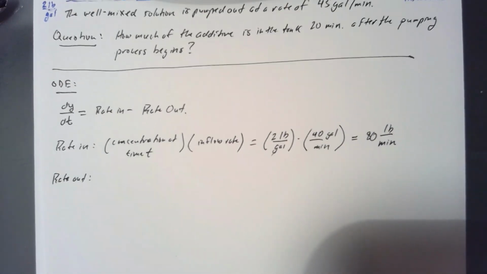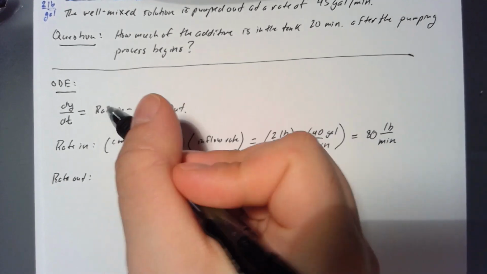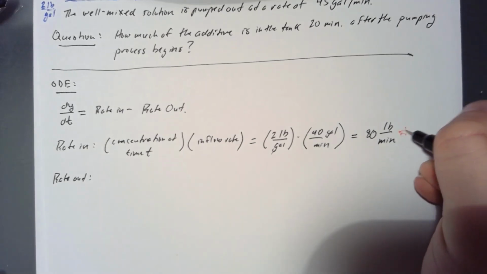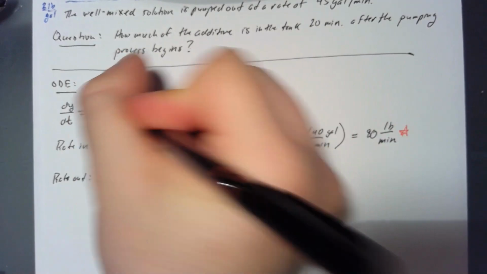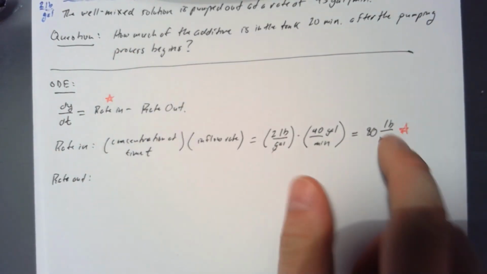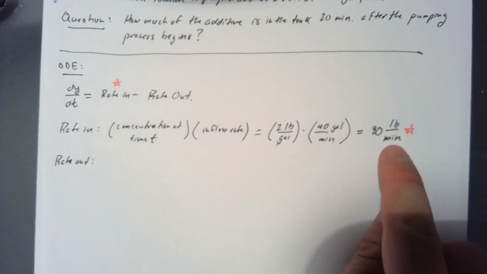So this right here is the rate in. Great. I'm going to denote that with a star. Before I go to the rate out, I just want you to look at something. Look at the units here, pounds per minute.